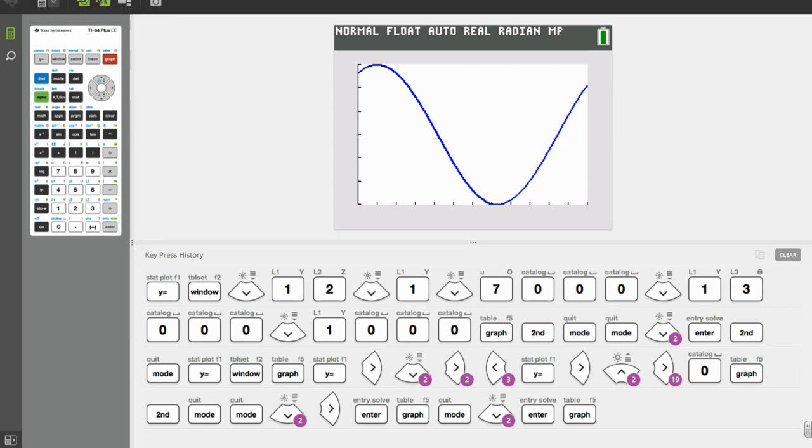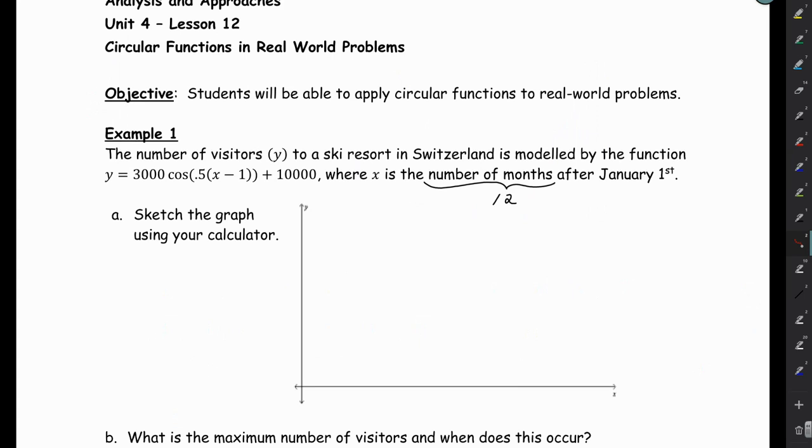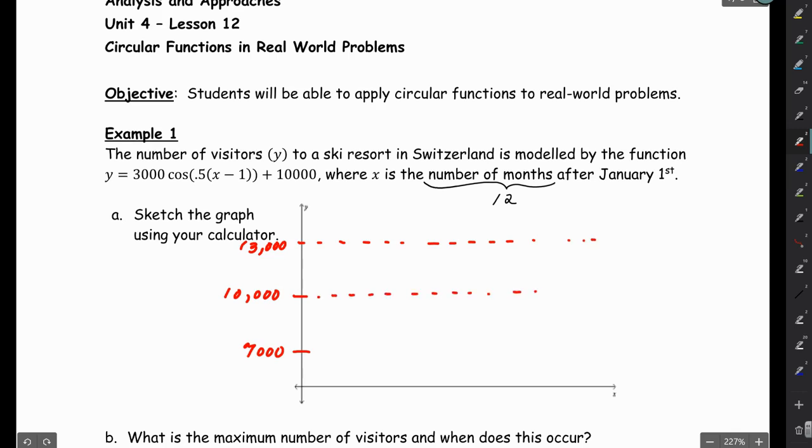So let's go ahead and sketch that out in our notes. So we know that we have a minimum value of 7,000. We have a center at 10,000. And we have a maximum at 13,000. And I'd just like to draw a dashed line to give me a guideline for my maximum, center, and minimum.